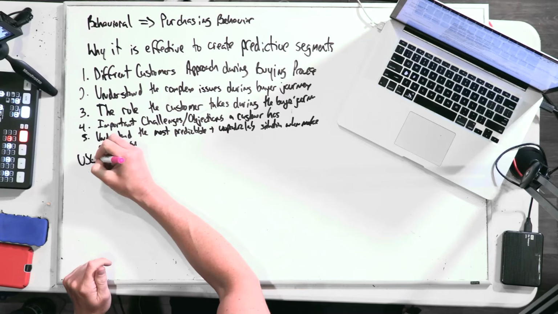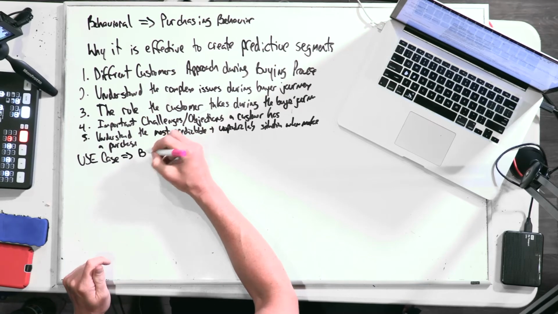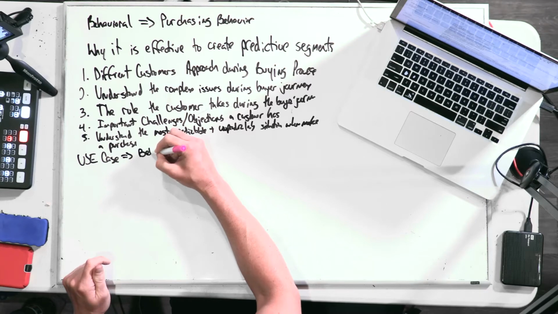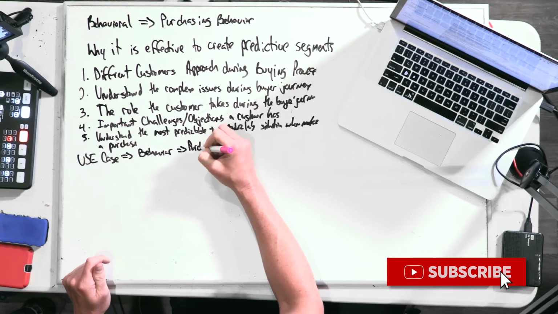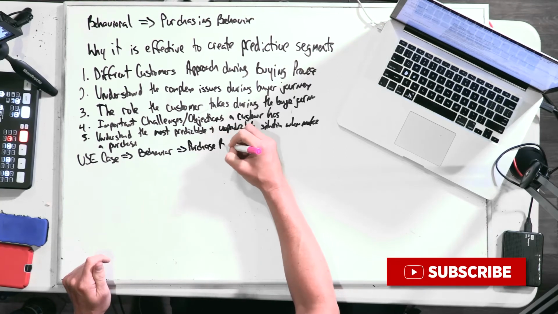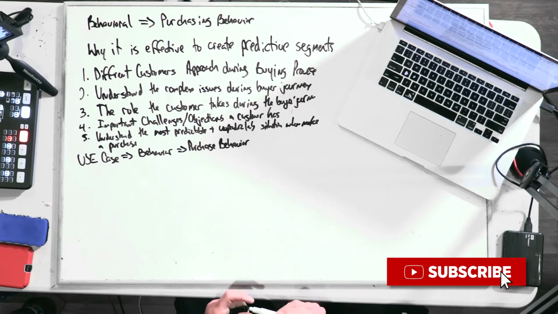You understand the challenges and objections, and you understand what you can predict and what you can't predict during those situations. So the whole idea here and the use case of why you want to segment by behavior, purchase behavior, understanding why someone will buy is a very powerful thing.